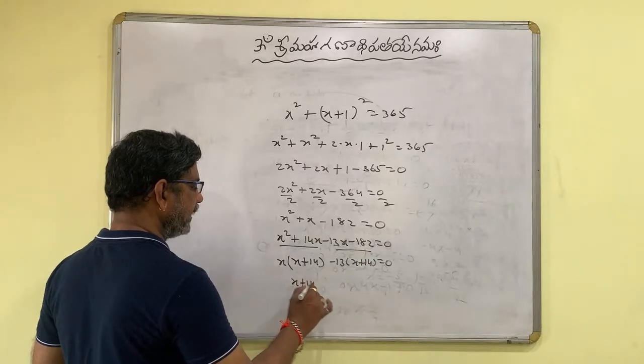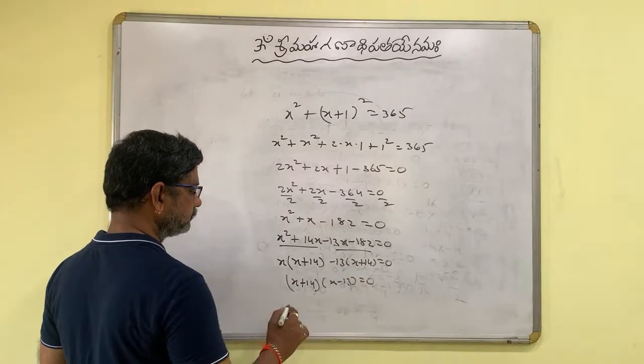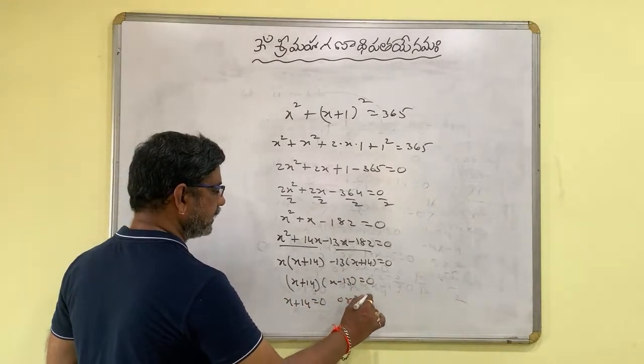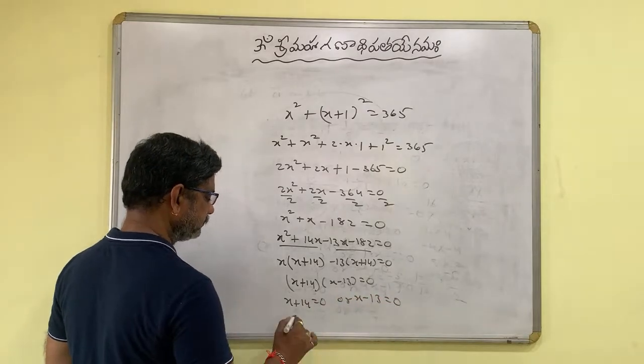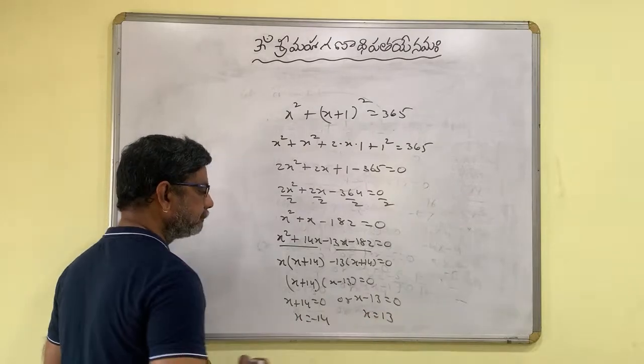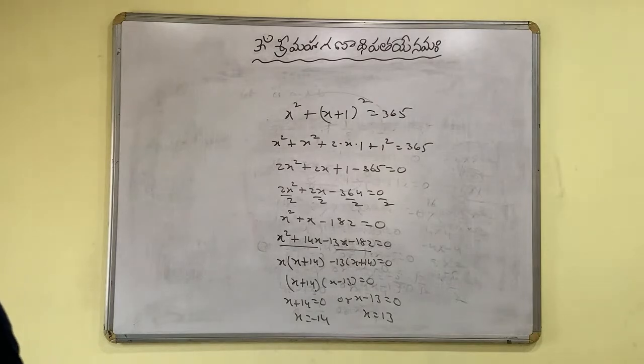So x plus 14 into x minus 13 is equal to 0. x plus 14 is equal to 0 or x minus 13 is equal to 0. Here x is negative 14 and here x is 13. So one x value we got is negative 14, and one is positive 13.